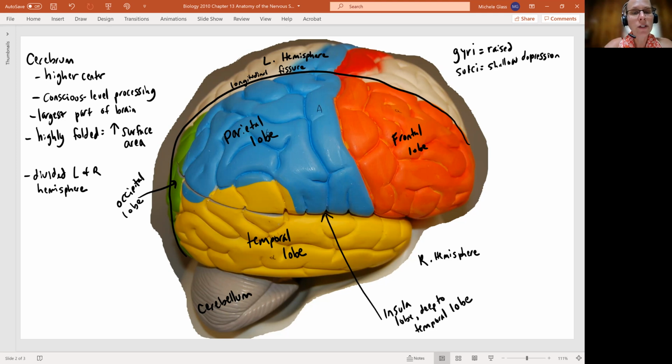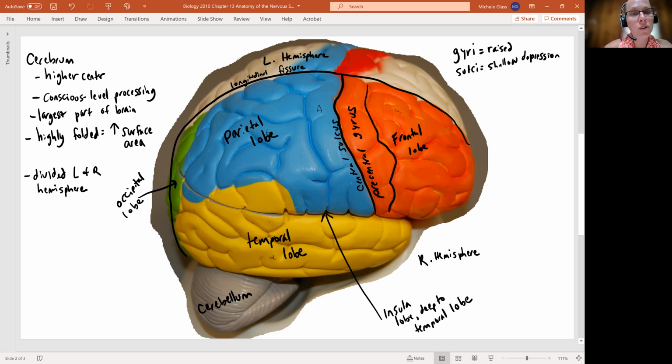When we look at the frontal lobe and the parietal lobe, we can see a depression going between, and that depression is called the central sulcus. The raised part of the fold right before it would be the precentral gyrus.